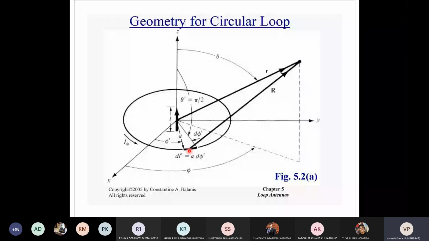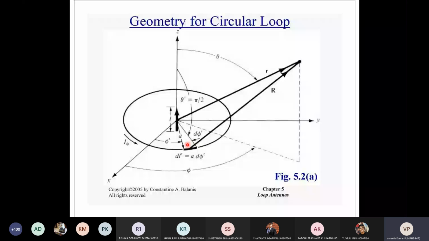Phi dash is this angle, and it decides the location of the point source. If you want to get the complete loop, you have to vary phi dash from 0 to 2 pi. d phi dash is a small variation in phi dash. So dl dash is a d phi dash.